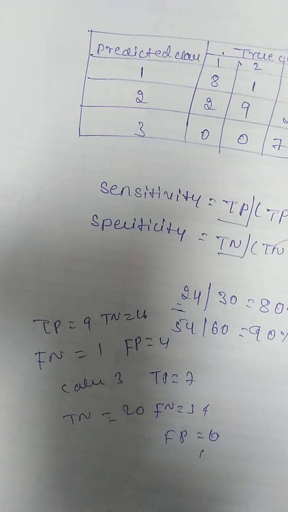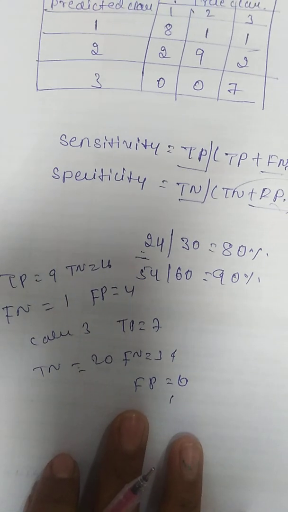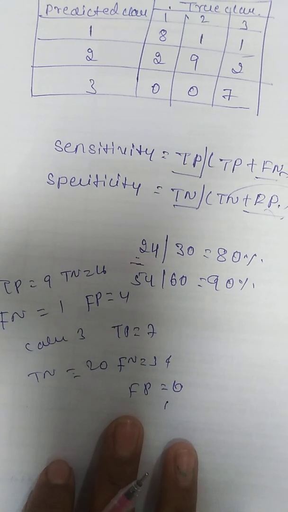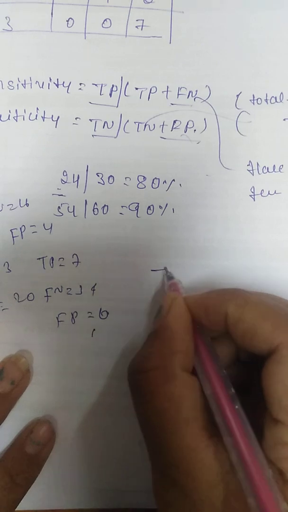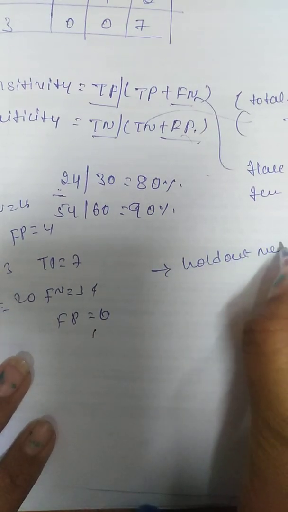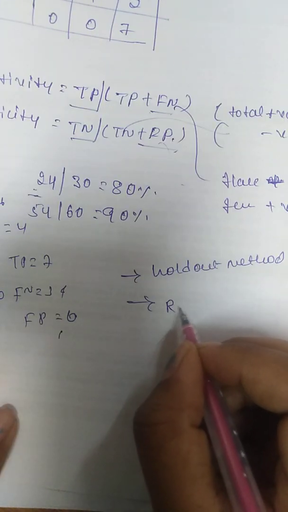In our random accuracy method, there are 5 types. First one is the holdout method. Second one is the random subsampling method.